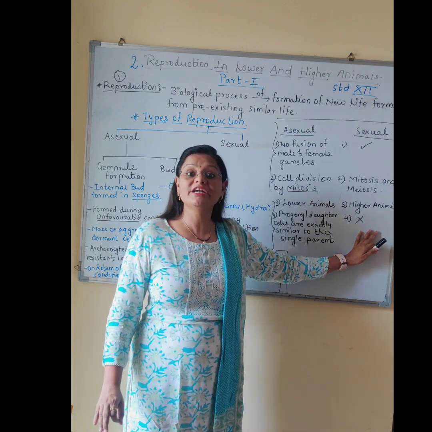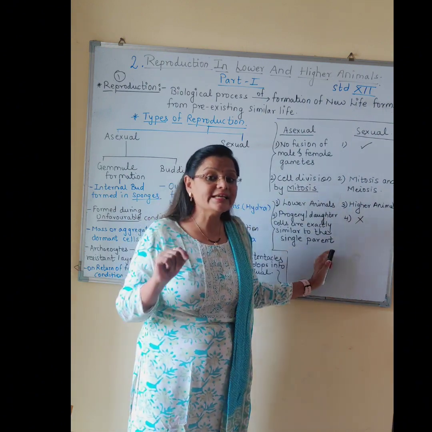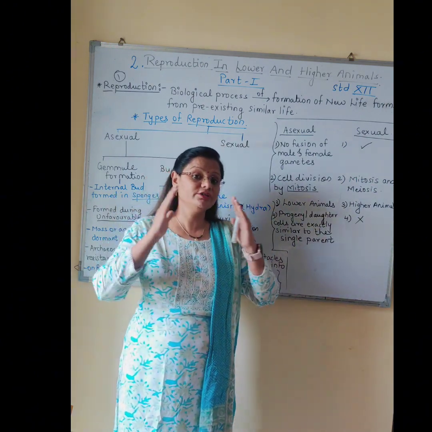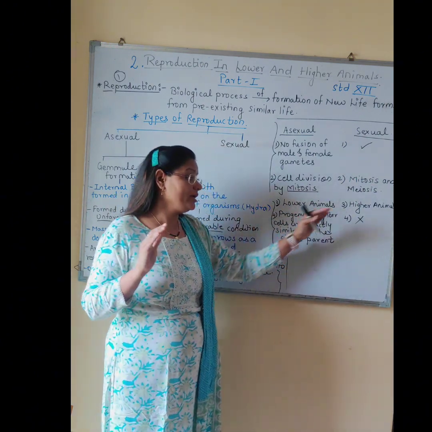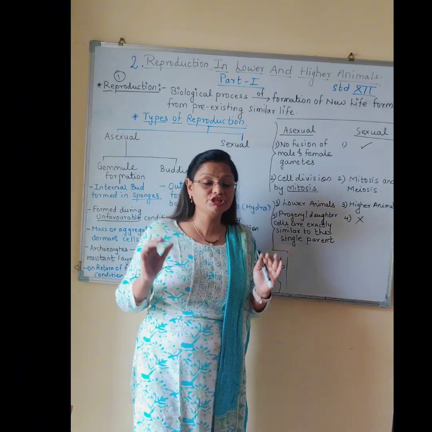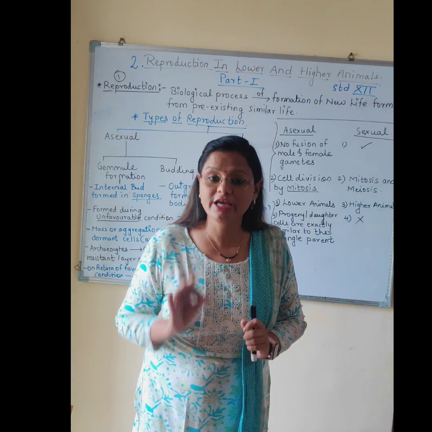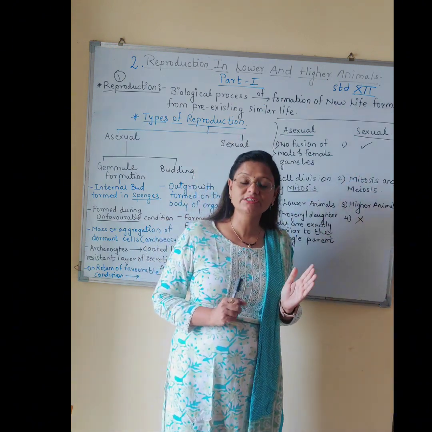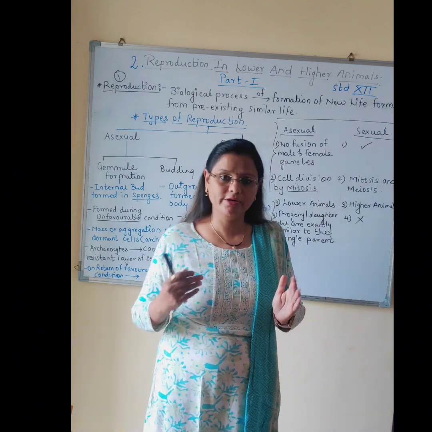Here parents are involved, whereas there a single parent is involved. So we can see variations or differences in sexual reproduction. We cannot see any type of variation or difference in asexual reproduction. So these are the few basic differences we have studied in the lower class.